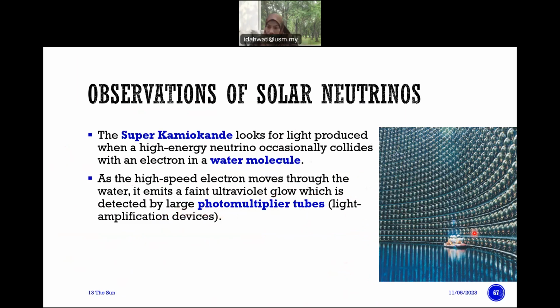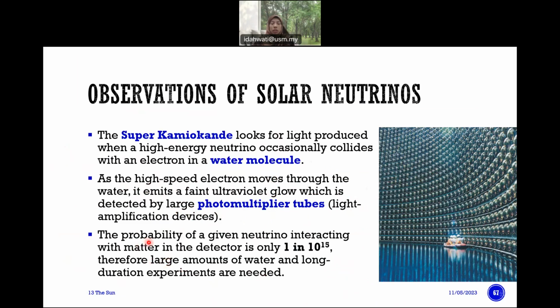There are so many tubes here. The light comes from the high-speed electron moving through the water, so it is detected by these large photomultiplier tubes.